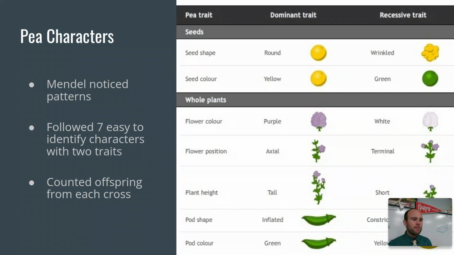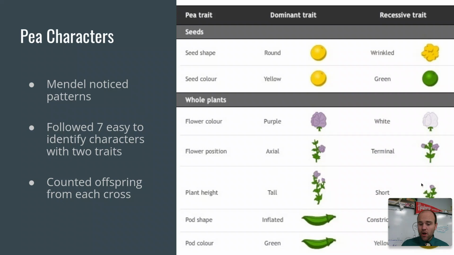Some of the things that Mendel looked for. He found 7 easy to identify characteristics. In those pea seeds, he noticed some were round and some were wrinkled. He noticed some were yellow and some were green. On the plants, he noticed that flowers were either purple or white, that maybe they were axial on the sides or terminal at the very end.